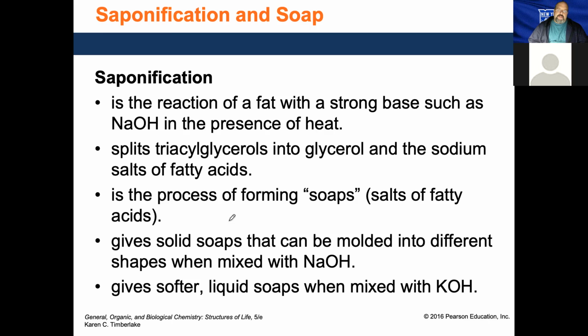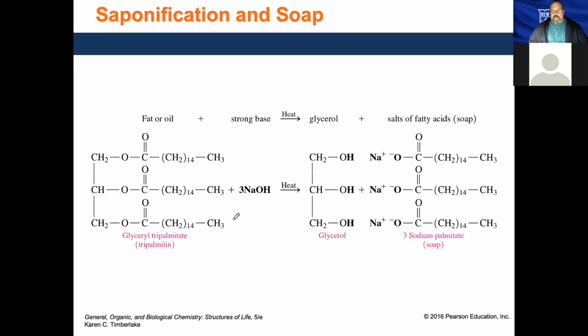Those 3 fatty acid salts are commonly known as soap. If you use sodium hydroxide, you get a solid soap. Use potassium hydroxide, you get a softer liquid soap. All right? So in this case, just to show you, when this would break, you would get 3 of the same fatty acids.